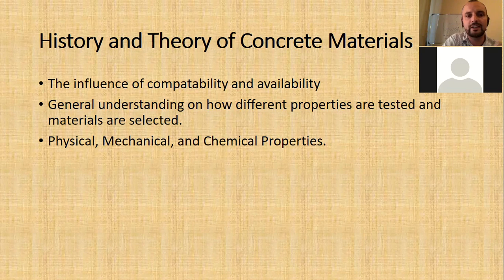So in the history and theory of building materials, we talked about how through history, materials were used for various purposes, and basically what influenced whether a material was used or not was compatibility and availability.